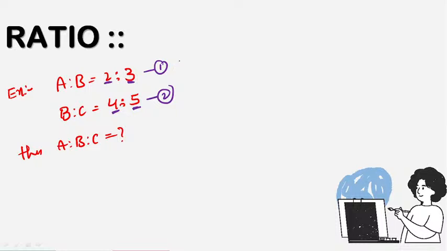Equation number 1 is multiplied by 4, equation number 2 is multiplied by 3. Why? Because if we make the B value equal, we can take the common value out. So equalize the B value, guys. Multiply. So 2 fours are 8 and 3 fours are 12. Again 4 threes are 12, and 5 threes are 15.